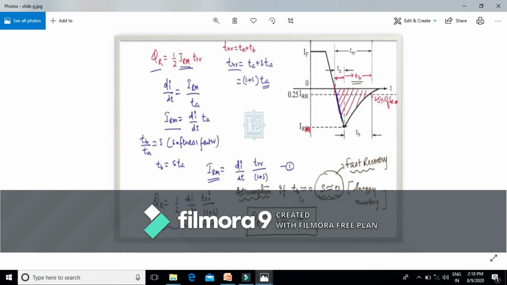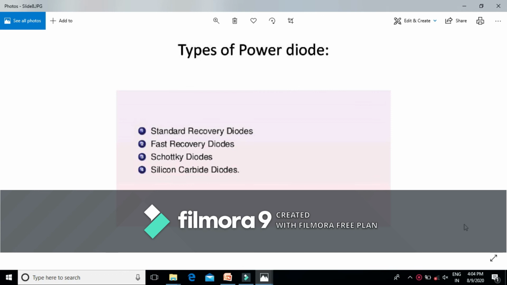Or we can represent that TB is equal to 0, or we can say that S is equal to 0, and this diode is called a fast recovery diode. In this, if we put this value, QR will be equal to 1 by 2 di/dt TRR squared. Diodes are classified according to their reverse recovery characteristics.